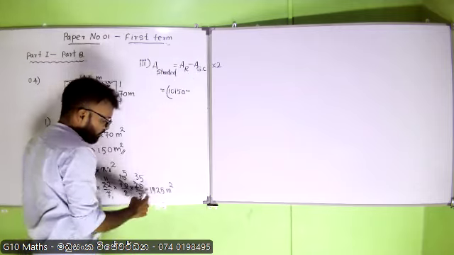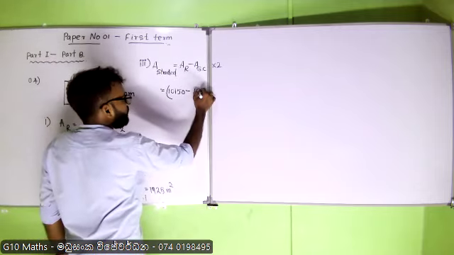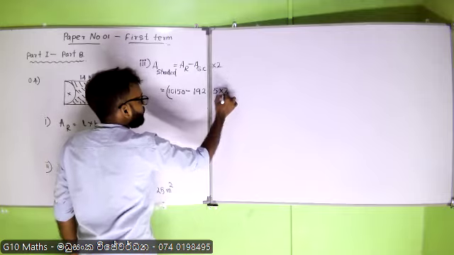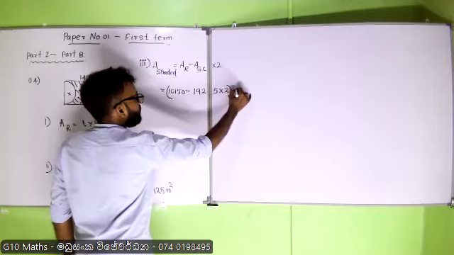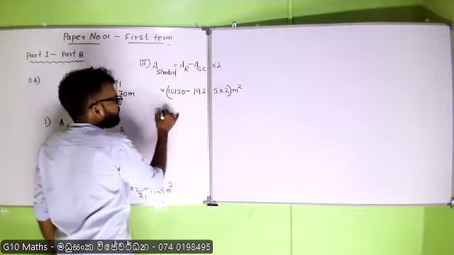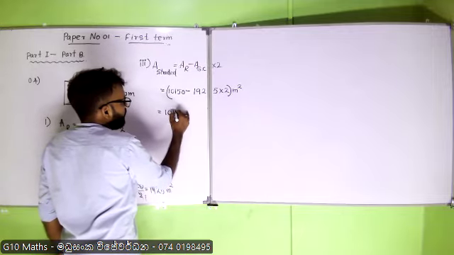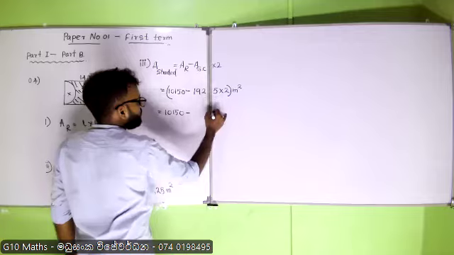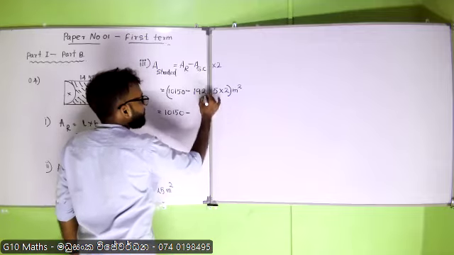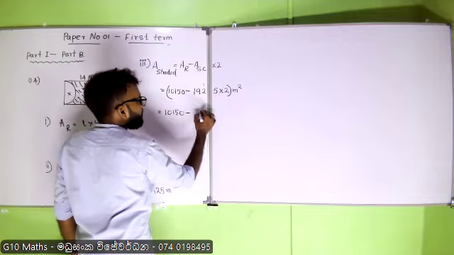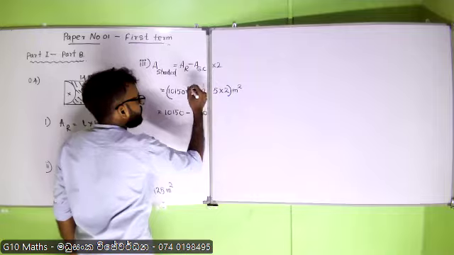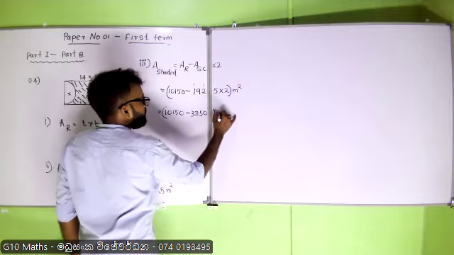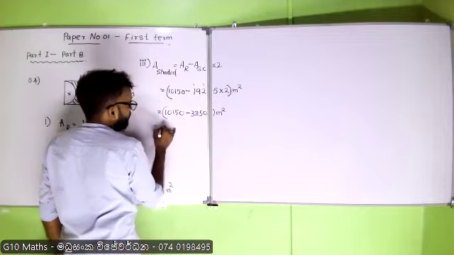Area of semicircular part 1925 multiplied by 2, square meters. 1925 times 2 is 3,850 square meters.